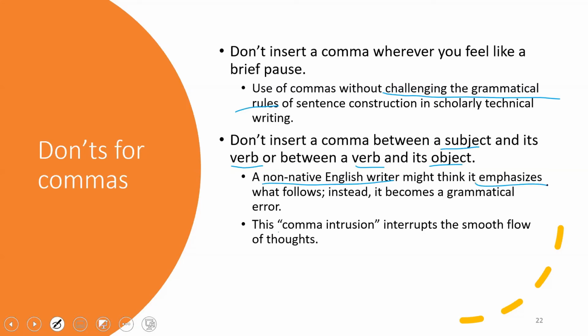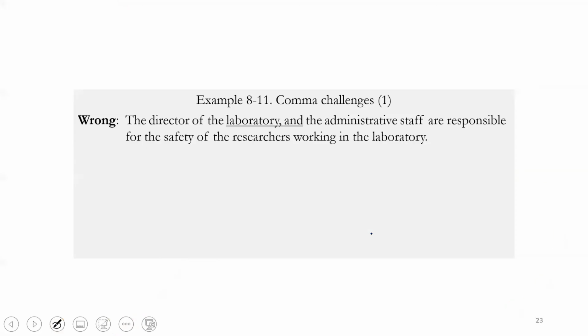Instead, it is called comma intrusion. For example, this is wrong. The director of the laboratory and the administrative staff are responsible for A. This is B, right? A and B. You just told me when there is "and", you want to add this one. How come this is wrong now?